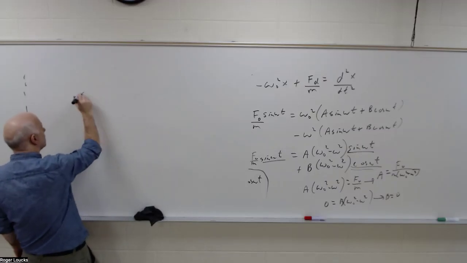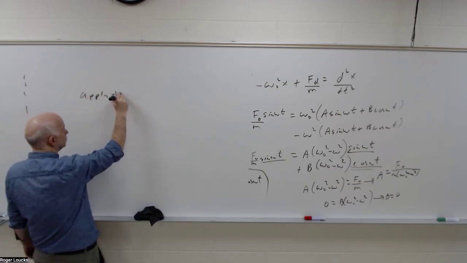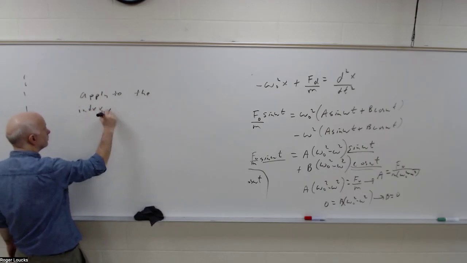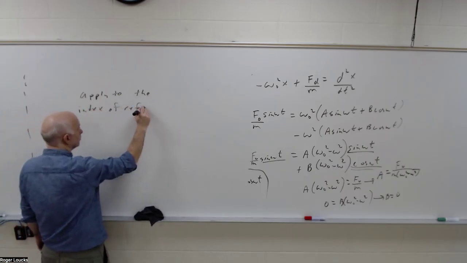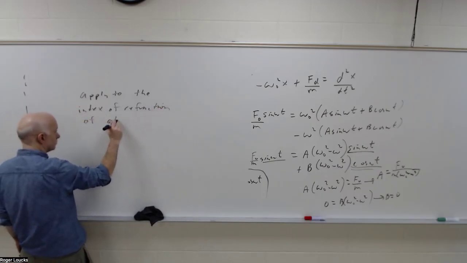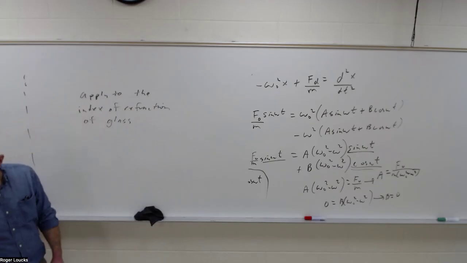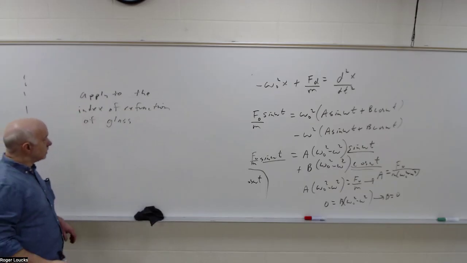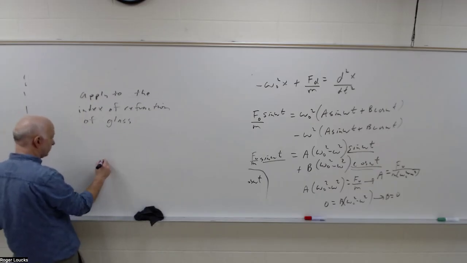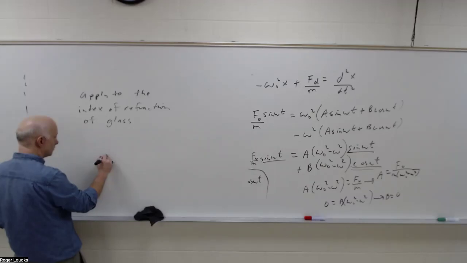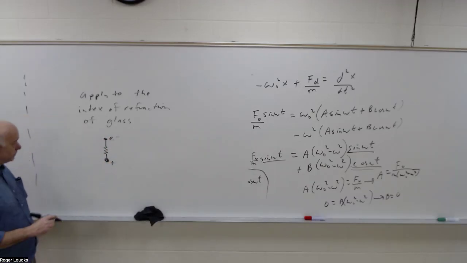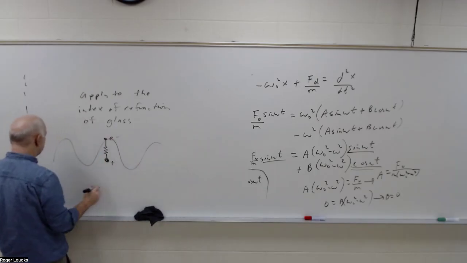So let's apply this to the index of refraction. What do we have here? Here's our little nucleus, here's your little spring, here's your little electron, and here's your little incident wave.